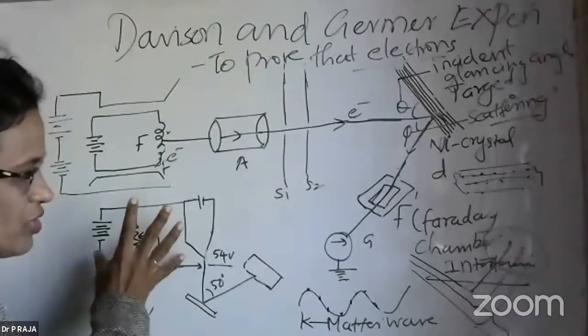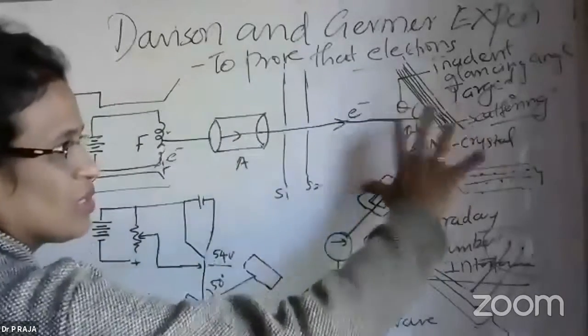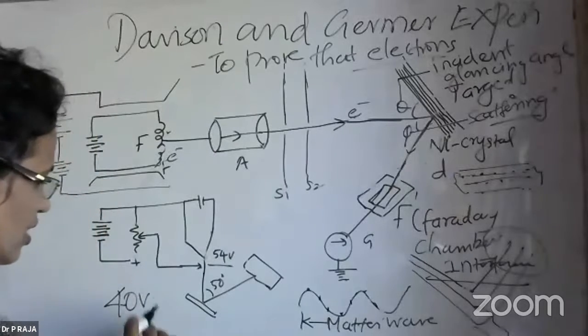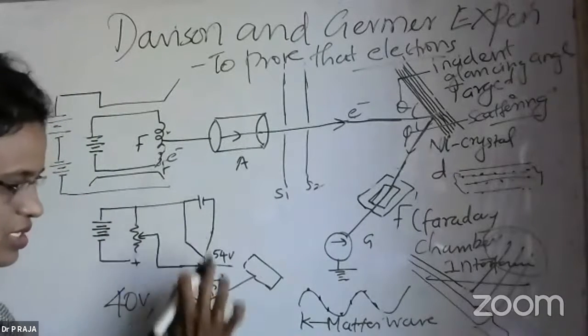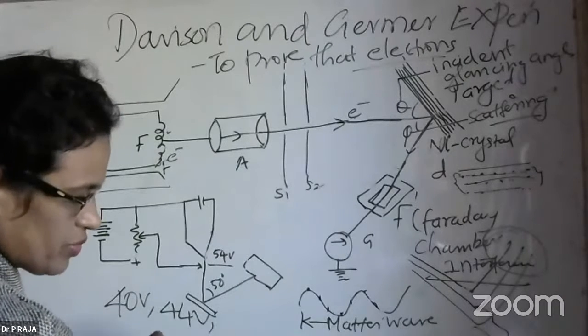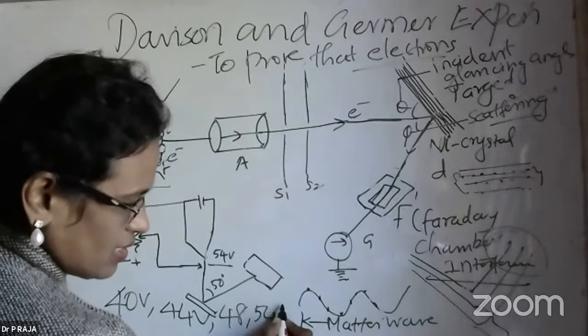Why potential difference? Because the electrons can be attracted towards the target material and hit it easily. So for that purpose, the potential differences were applied as 40 volt, 44 volt, 48, 54 and 60 volt.